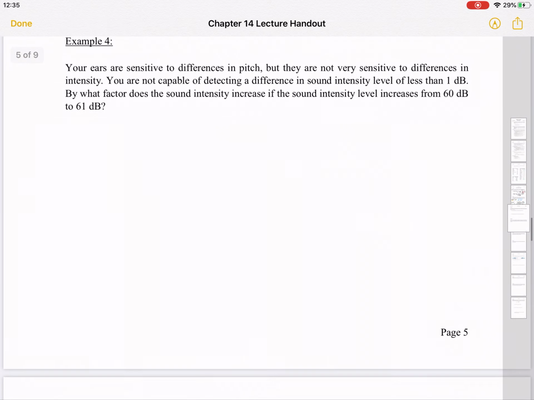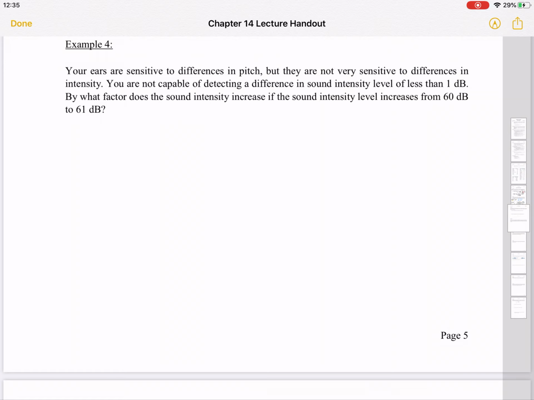So let's do one more example. Here, your ears are sensitive to differences in pitch, but they're not very sensitive to differences in intensity. That's kind of the trade-off, right?